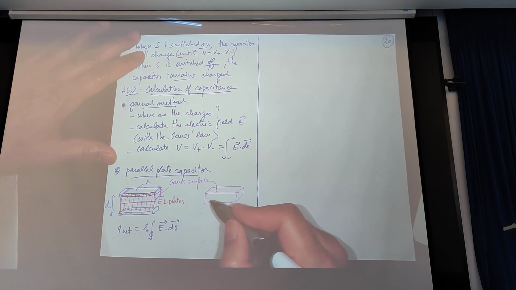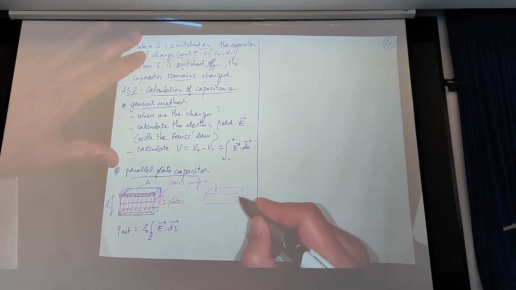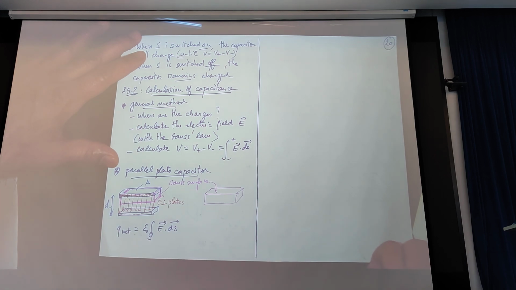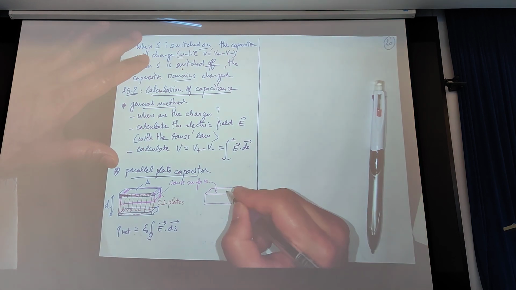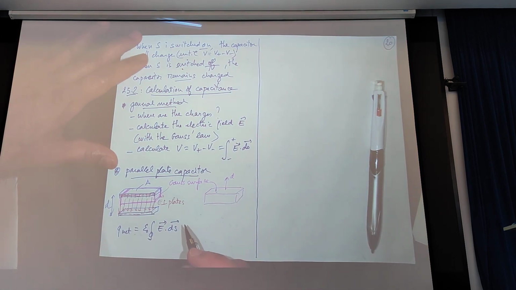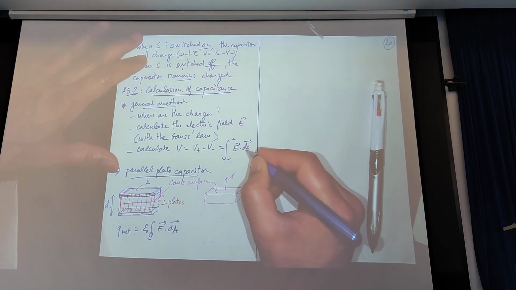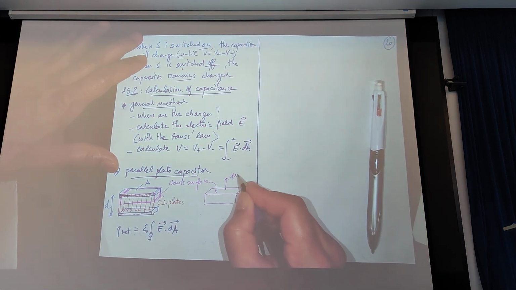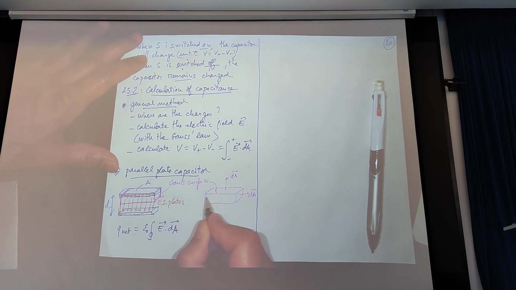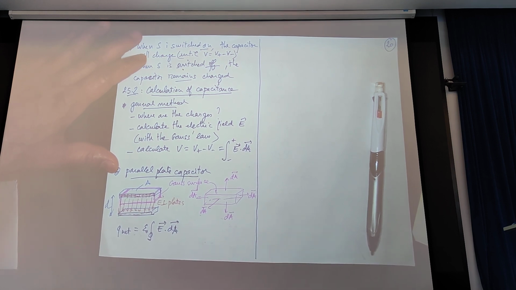Remember that when the electric field is parallel to the surface, E dot dA, sorry, not dS, dA, where the vector dA is perpendicular to the surface.